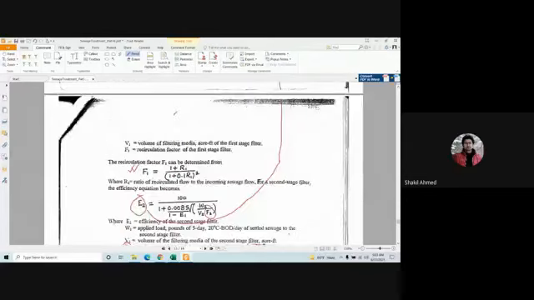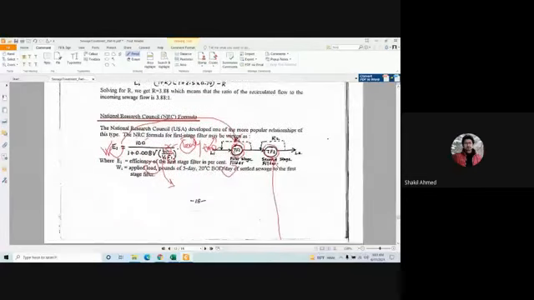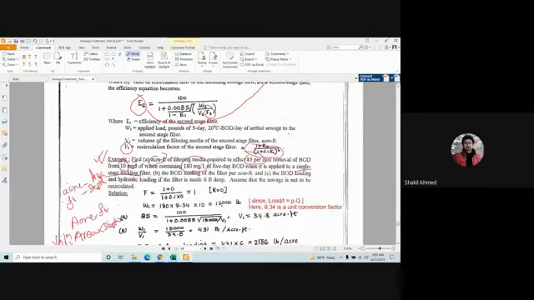If you go to this formula here, you already have volume. You need to calculate this, the load per unit time. We can calculate this load per unit time. How?